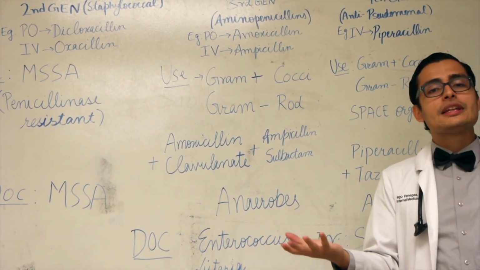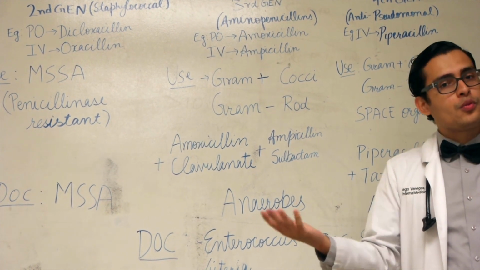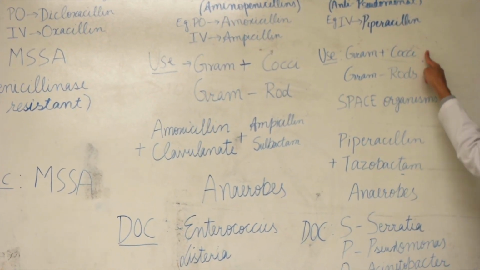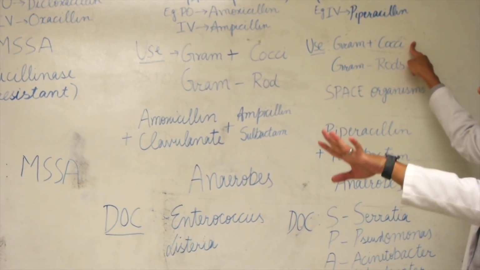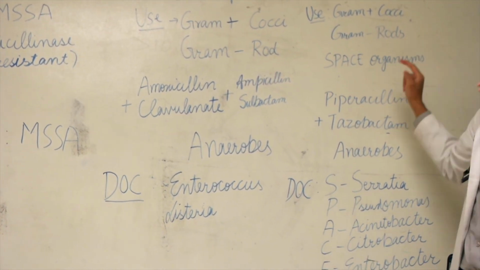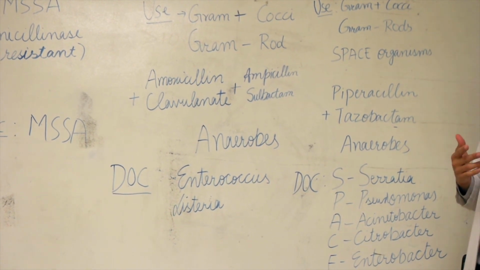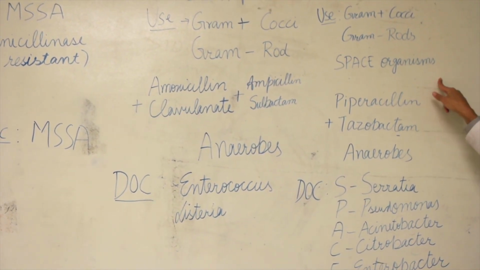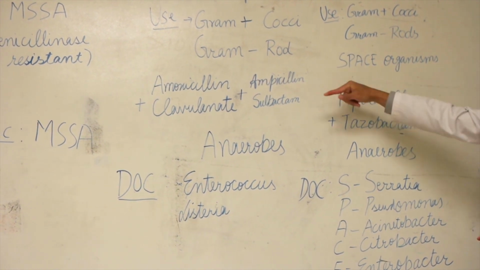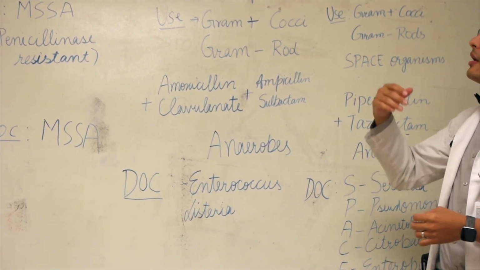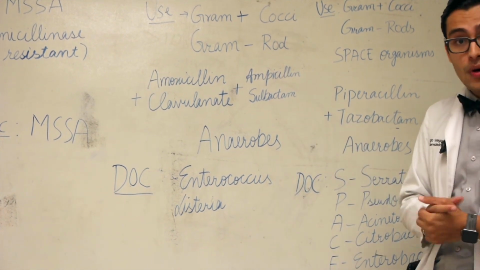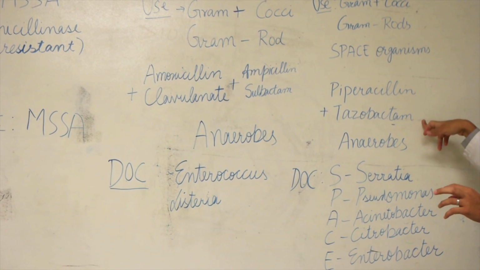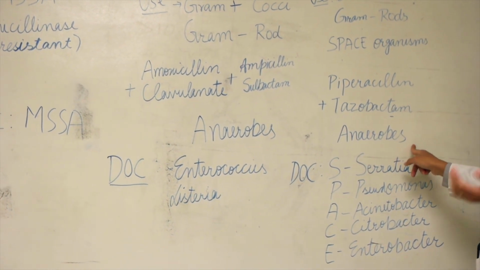So obviously the name itself says it, but what do we use this for? We have gram-positive cocci, as the ones before, gram-negative rods, and very important, among the gram-negative rods, they cover the SPACE organisms. As with the third generation, whenever you add the beta-lactamase inhibitor, in this case tazobactam for piperacillin, they also cover anaerobes.